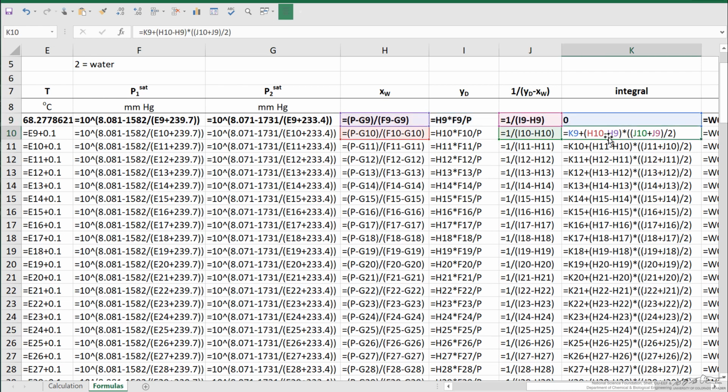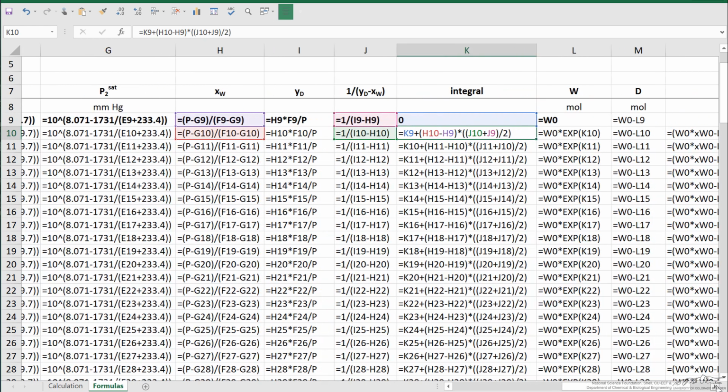I take K9, the previous value, well, initially there's no area, and I add the step in XW, and then I add the average of these two integral terms to get a more accurate integral. I step through this way.